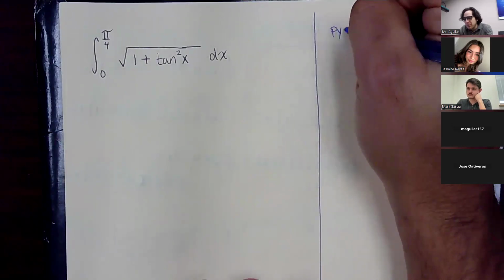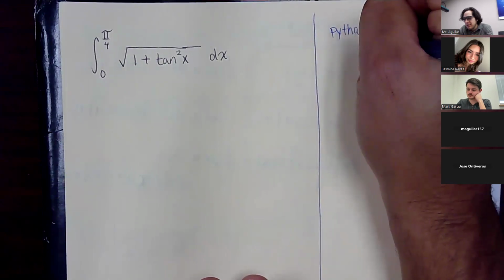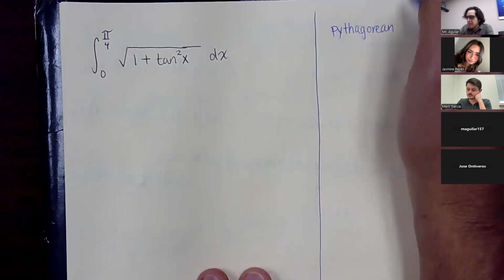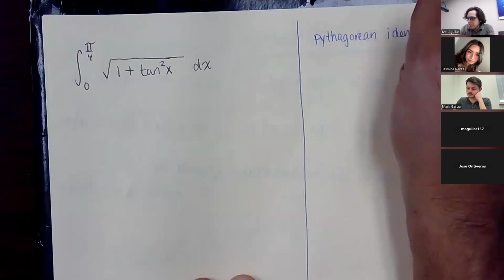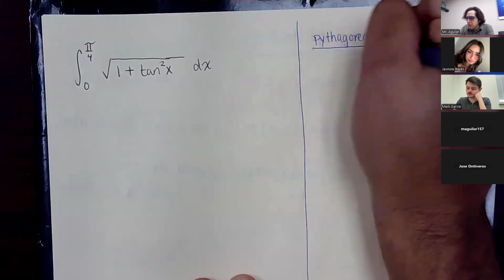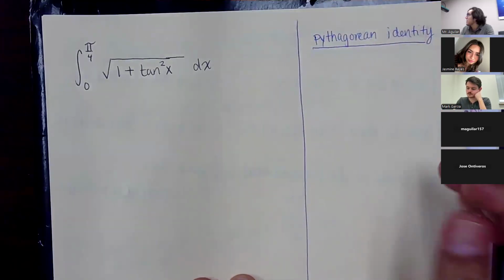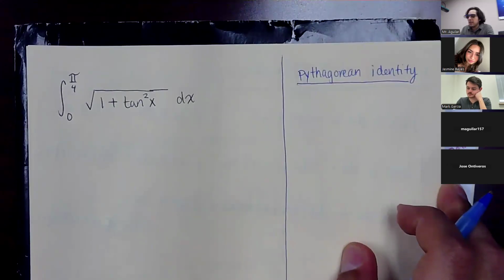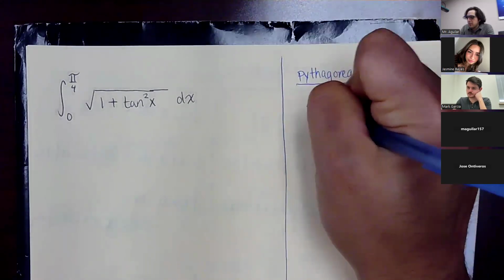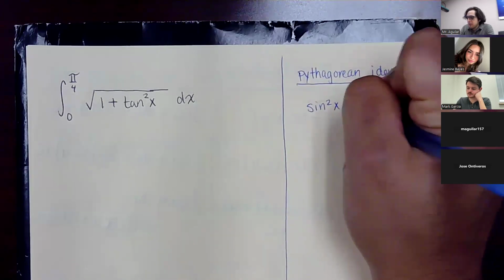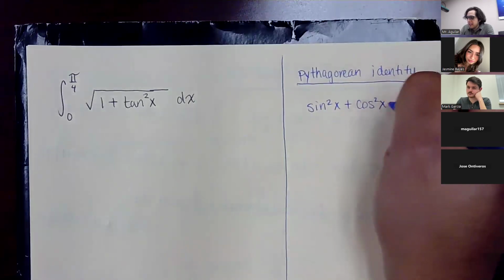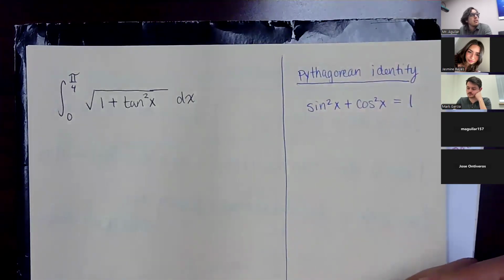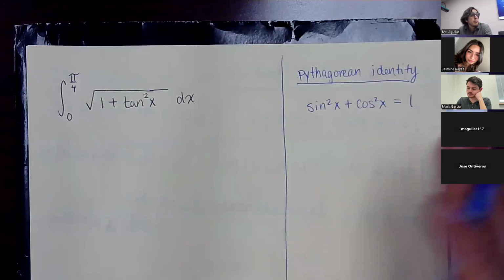Once you see it, it's going to make more sense. And this is why learning the vocabulary and knowing what these things are called becomes really helpful. You guys remember sine squared x plus cosine squared x equals 1? Maybe not. Okay, maybe some of us remember that.